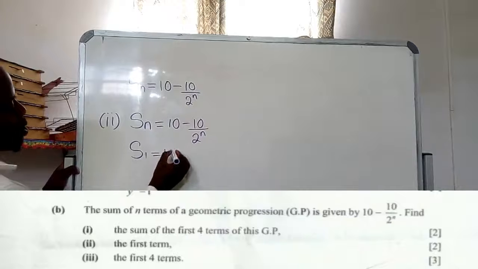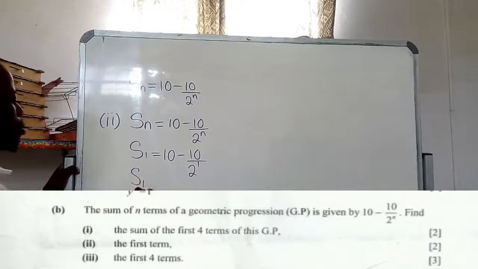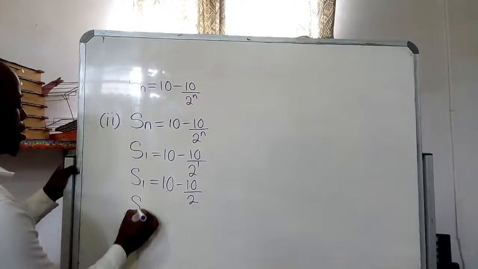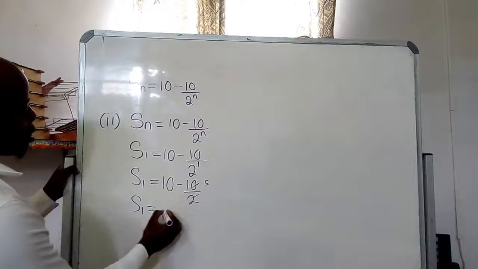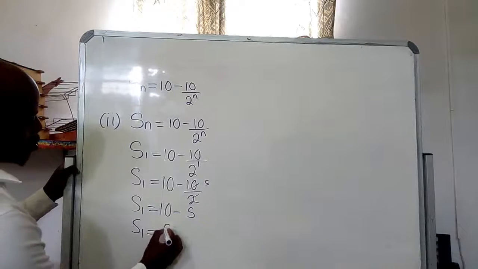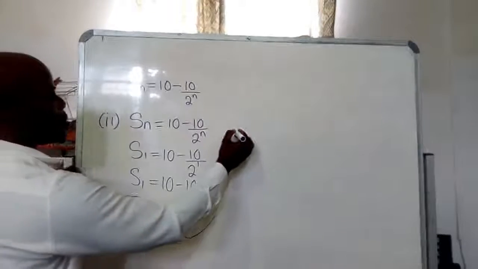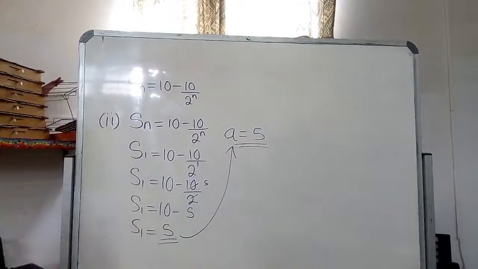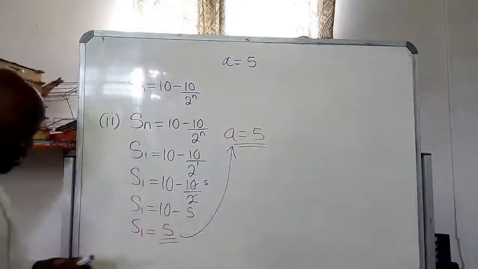So we put 1 on n, and then we solve. 2 can go into 10 five times, so it will be 10 minus 5. Then S1 is equal to 5. Since it's the sum of the first term, this is also our A, which is 5. We are supposed to use this A in the next question, so let me write it here: A is equal to 5.